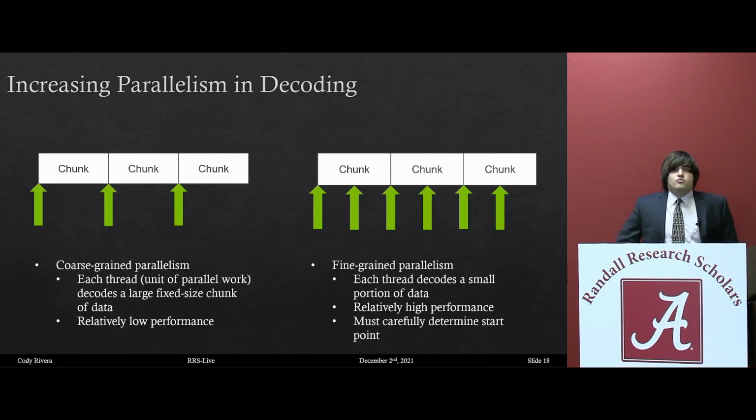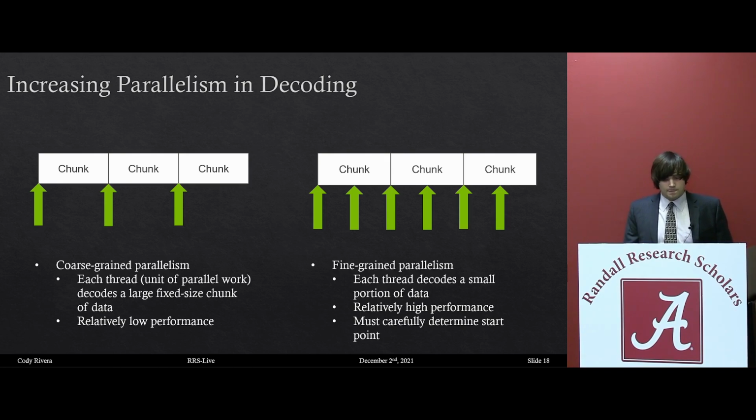So the original algorithm that we used for QSZ's Huffman decoding had coarse-grained parallelism where fewer threads decoded very large chunks of data. And this type of parallelism is relatively inefficient on GPU architectures, which favor a finer-grained parallelism where more threads work on fewer points of data.